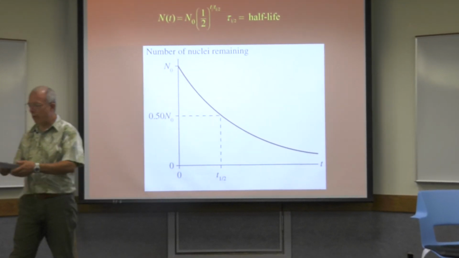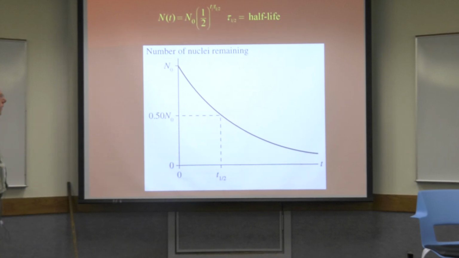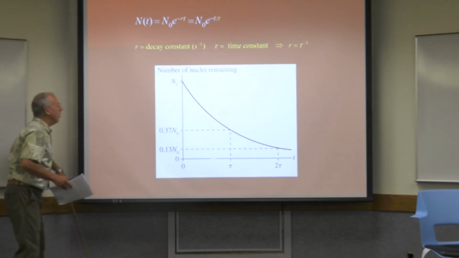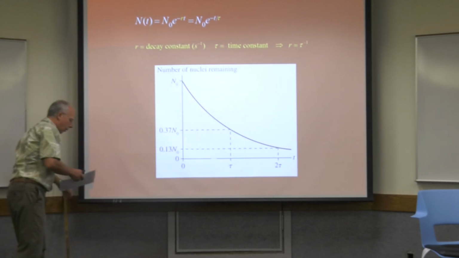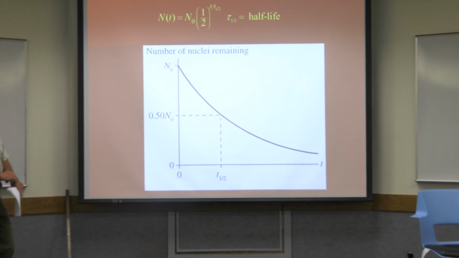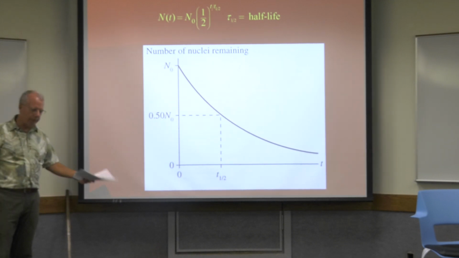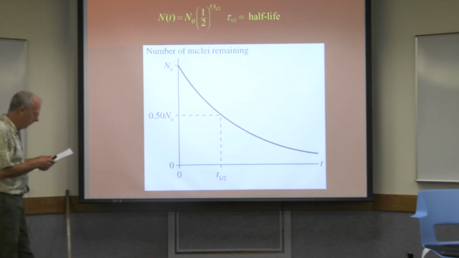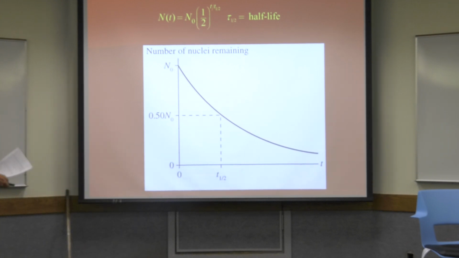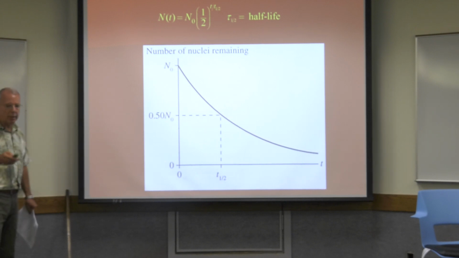If you would go into a nuclear medicine department at a hospital, and ask somebody if they know the decay constant or the time constant or the half-life, most, if not all, would say half-life, because that's what people in the real world work with. They work with half-lives. Now, what's interesting about the half-life is every isotope has a unique half-life.